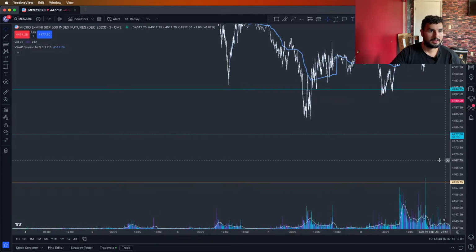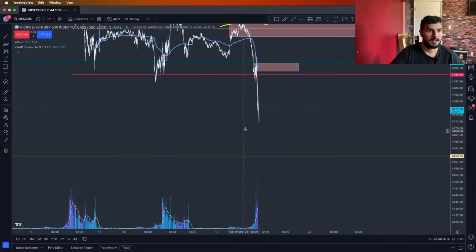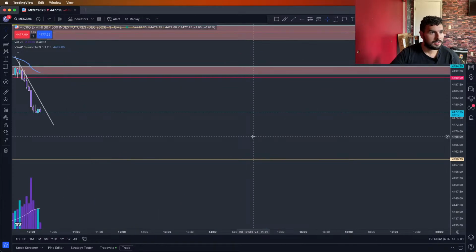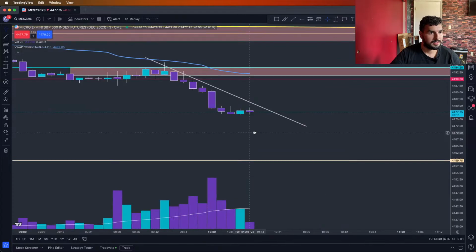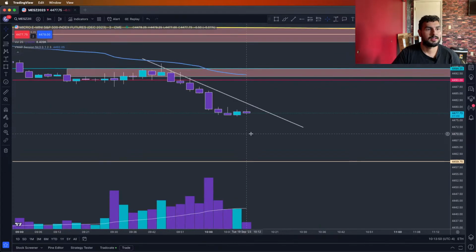Could be risky taking any type of buy positions outside of that zone. See if we get a little bear flag action here.